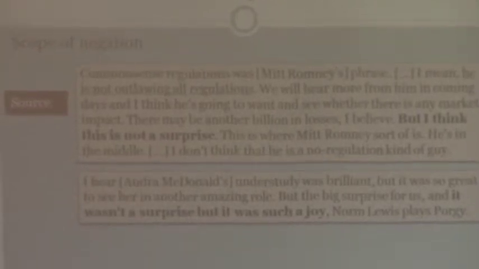It wasn't a surprise. Eventually, a different interpretation is assigned to the event. It was a joy. But the existence of the event is not denied, but its conceptualization as a surprise-provoking event is negotiated.